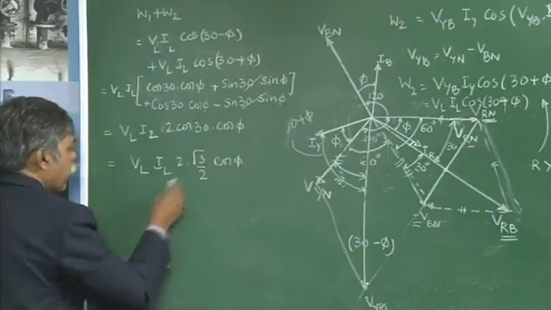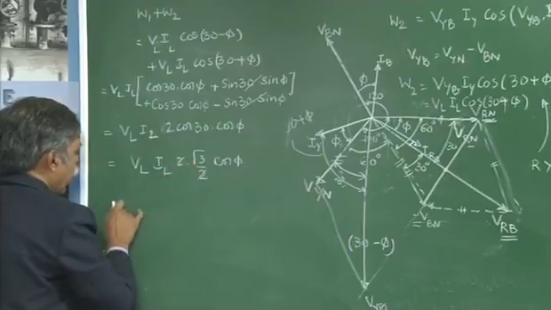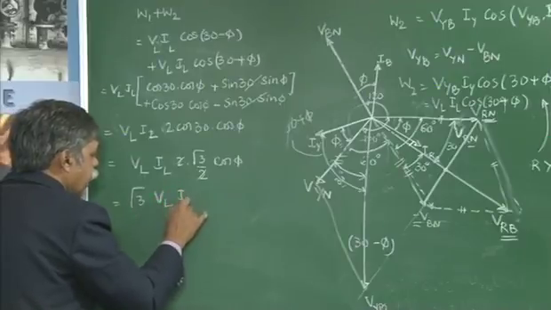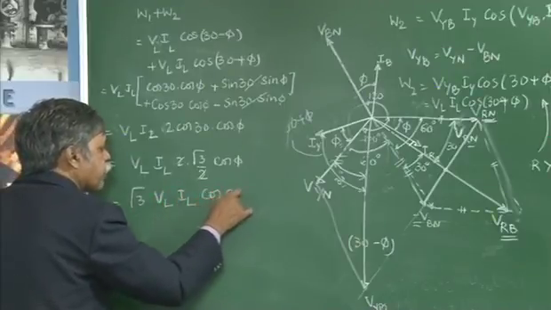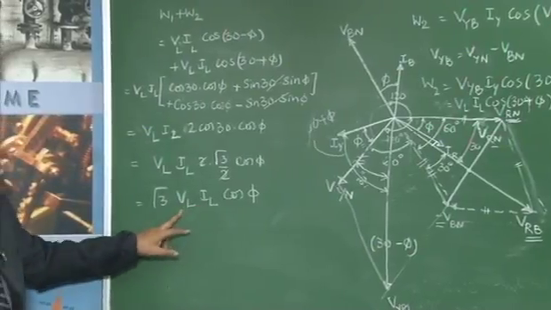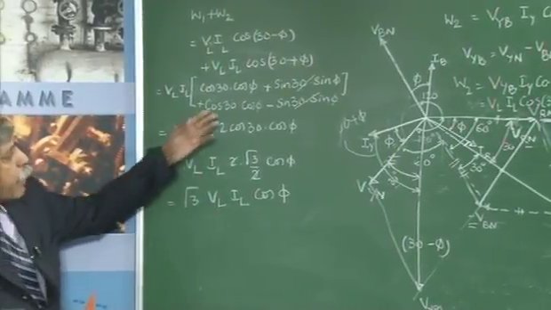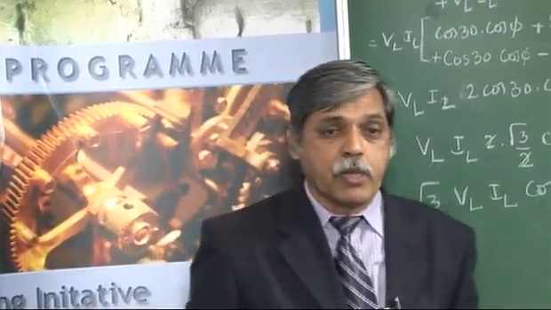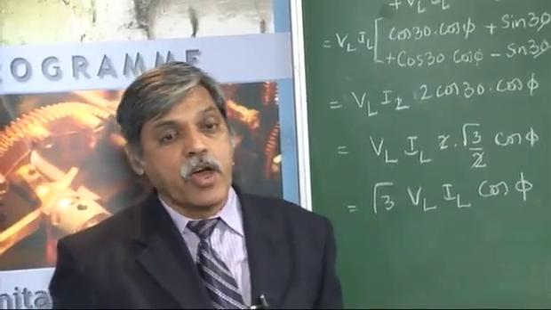So the 2 cancels, and I get the power as root 3 times VL IL cos phi. Yesterday we have seen that power in three phase circuits is given by this expression. Therefore even by this method you can prove that 2 wattmeters are sufficient to measure power in a three phase 3-wire system.